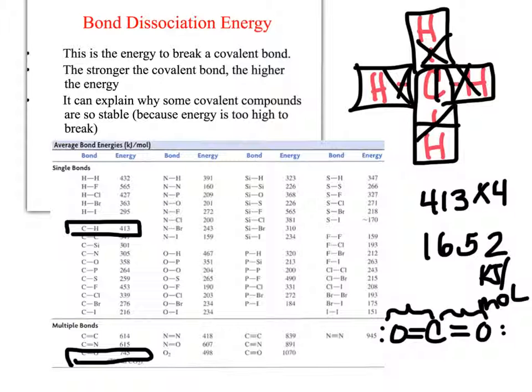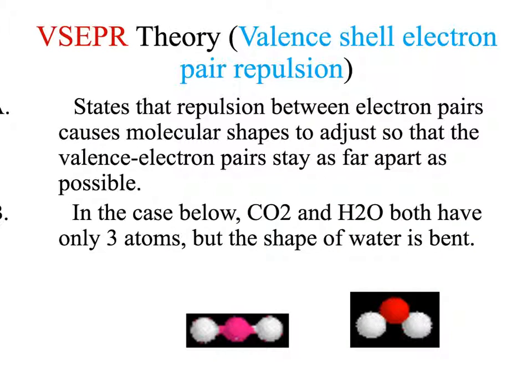And so we would need, over here it says, 745 kilojoules per bond. So 2 times that number would give us the amount to completely break it down. We'd learn a lot more about this in another chapter when we talk about thermodynamics. However, this was sort of a preview just to give you an idea about energy and bonds.